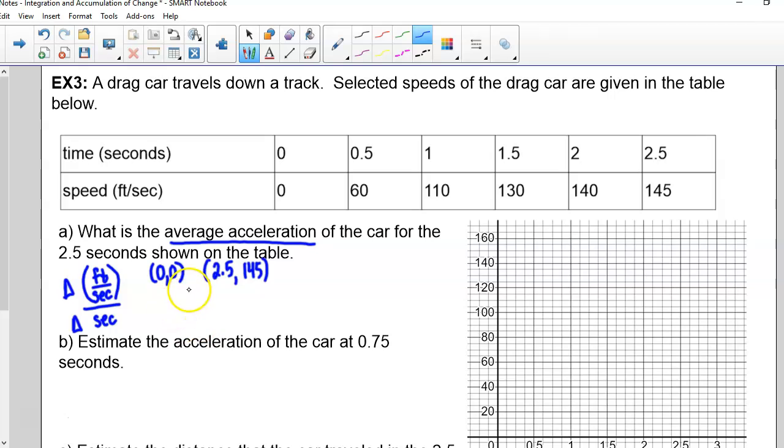So in that case, it'd be 145 minus 0, and those are both measured in feet per second. And then you would have 2.5 minus 0, and that would be per second. And so 145 over 2.5 should give you 58 again. 58. And that is feet per second, or feet per second squared.